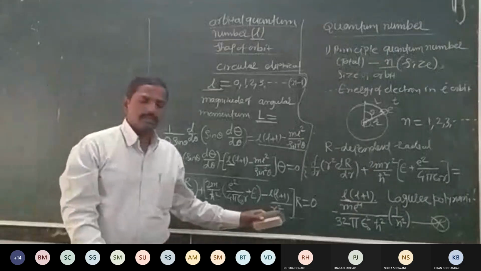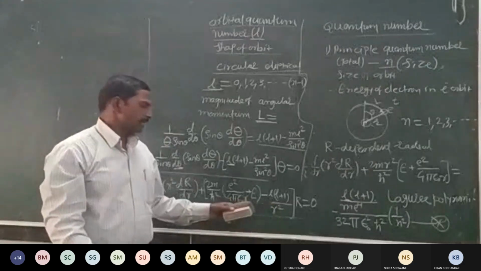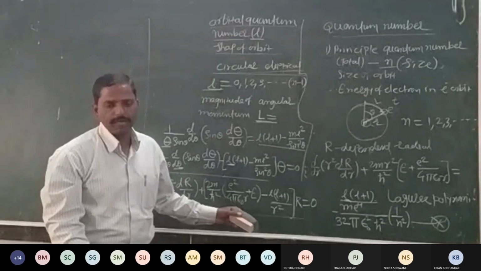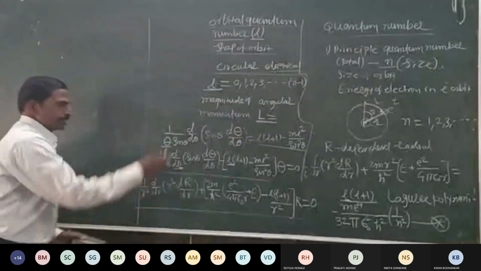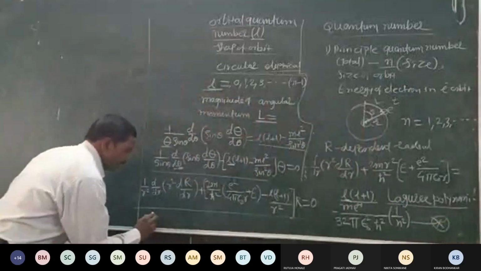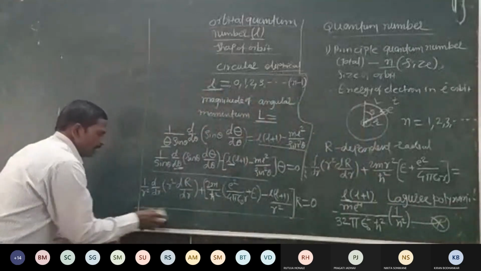Now we can solve this complicated equation by using the Laguerre polynomial. Now I have to use here the Laguerre polynomial.